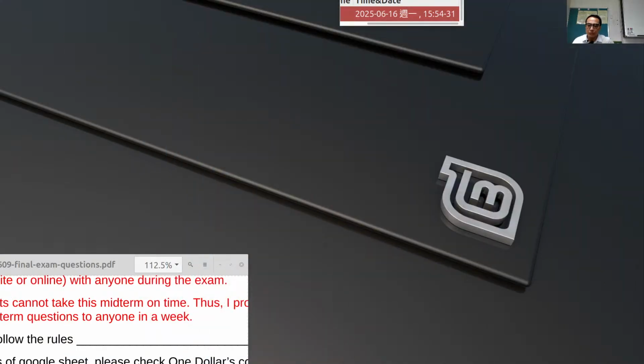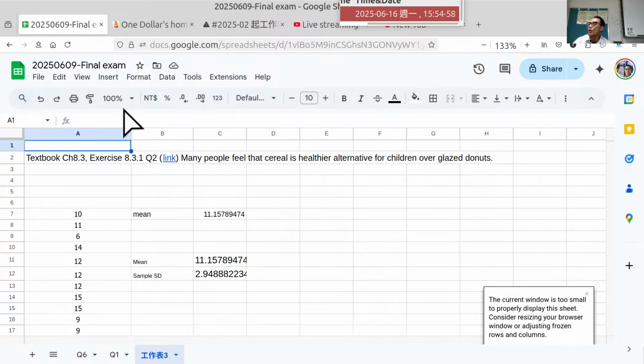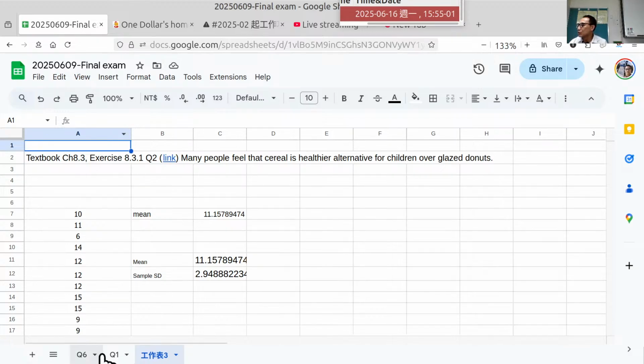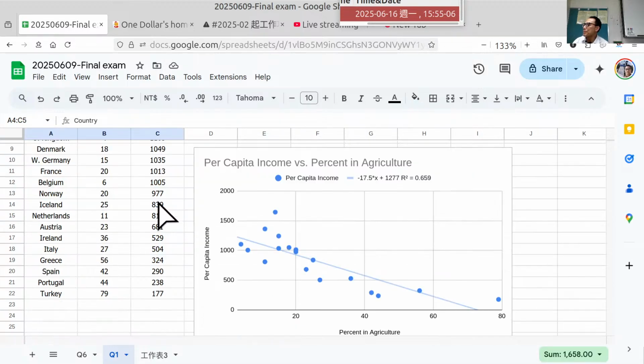Then move to, for example, here. You can create a file. Actually, that's why I always encourage you to answer it like this one. You can copy and paste it here.